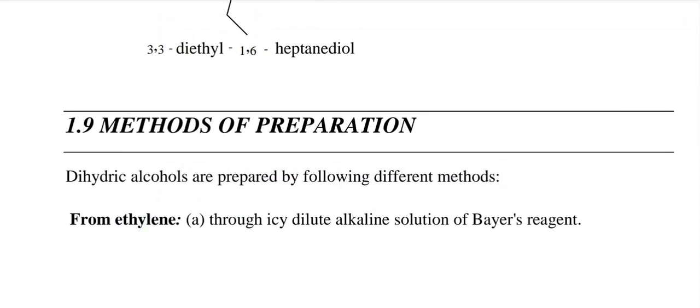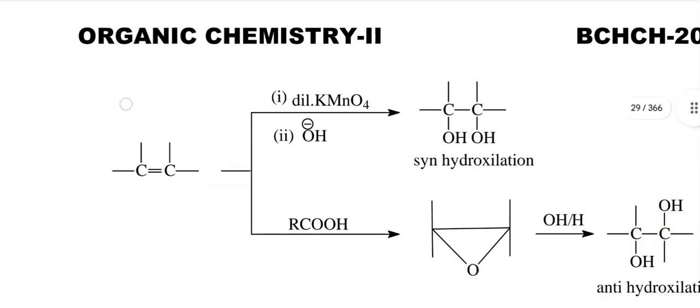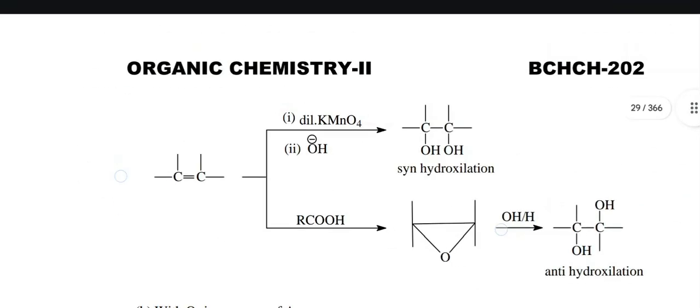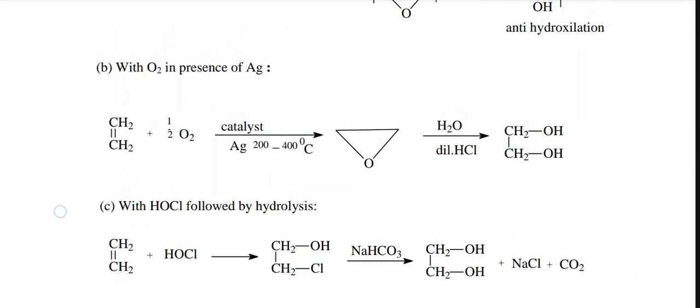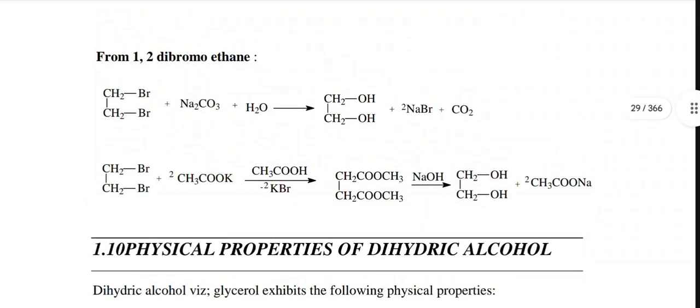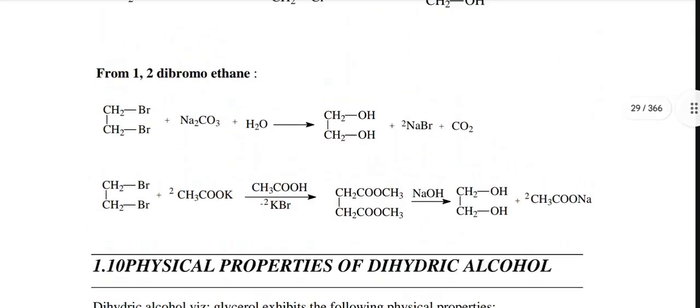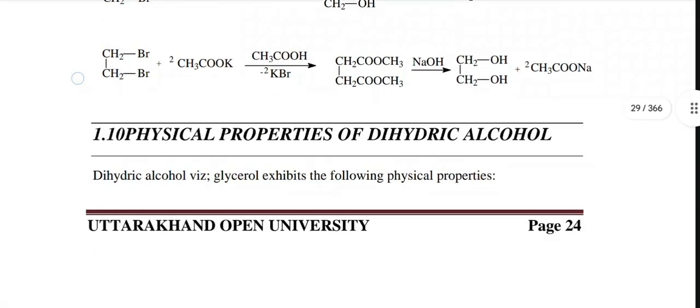Dihydric alcohols can be prepared by different methods: from ethylene through cold dilute alkaline solution of KMnO4, Baeyer's reagent; with O2 in presence of Ag; with HOCl followed by hydrolysis; from 1,2-dibromoethane.